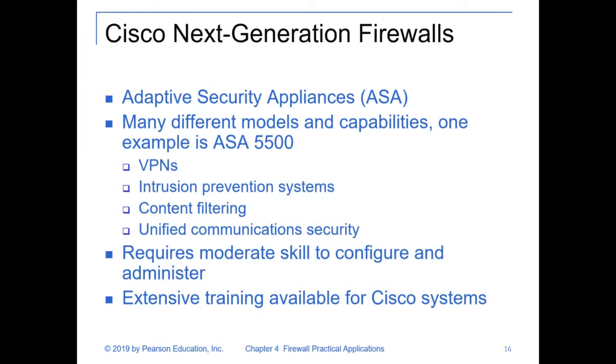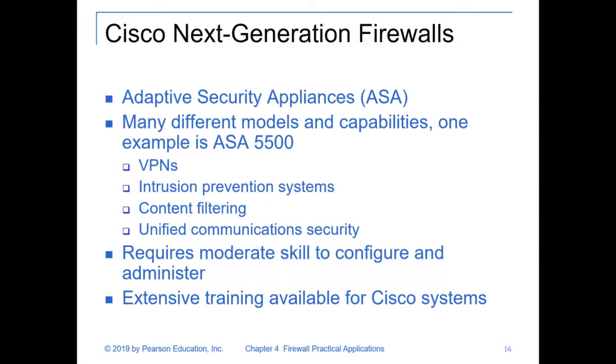Another choice for mid-size would be the Cisco next generation firewalls. It does have adaptive security appliances. This is an advanced firewall. Some advantages of this: it does include a VPN. The 5500 series also includes IDS and the IPS, the intrusion prevention system.